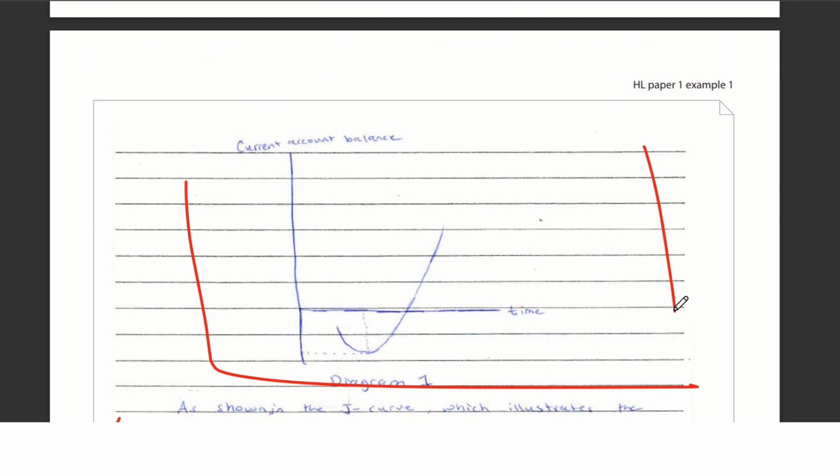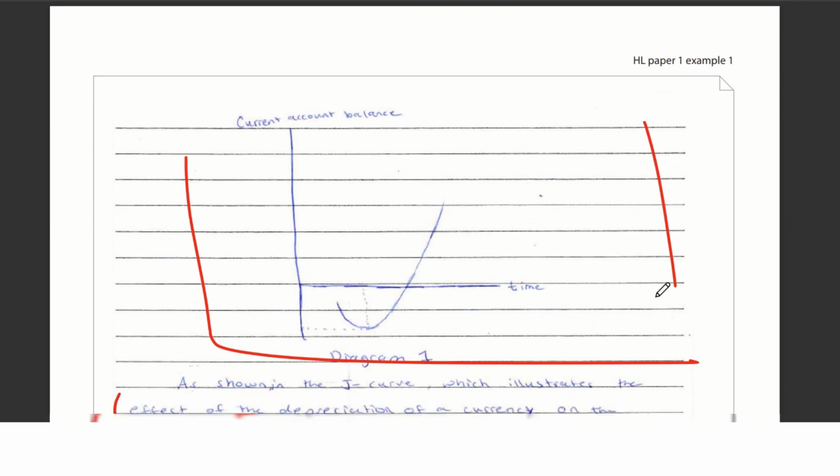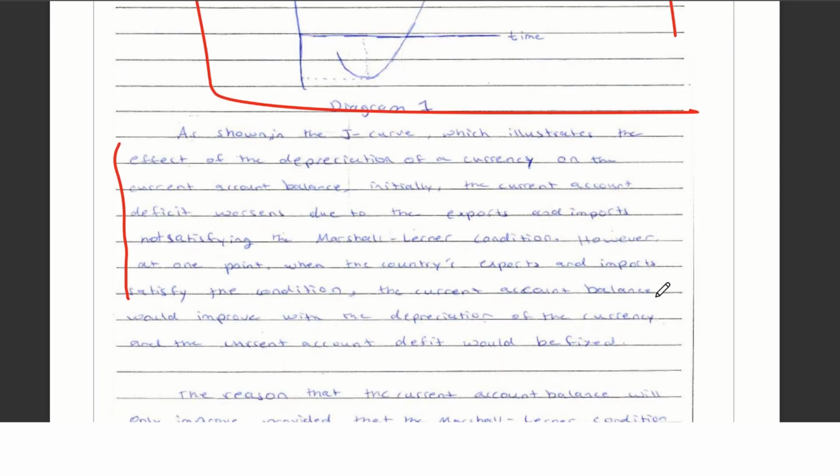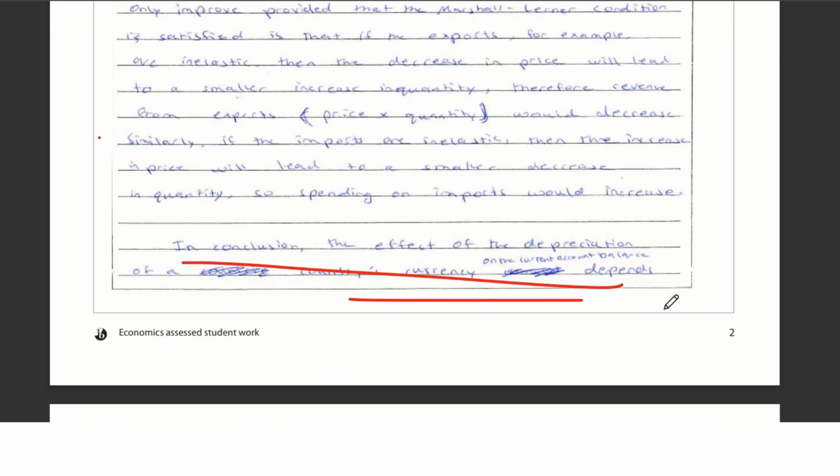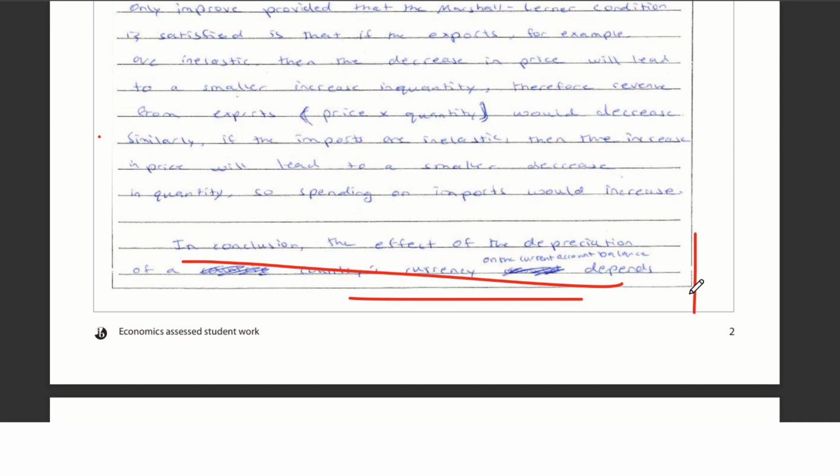He has drawn a proper, complete and neatly drawn diagram with clear information, and he explained and concluded, right? This is the structure you need to follow.